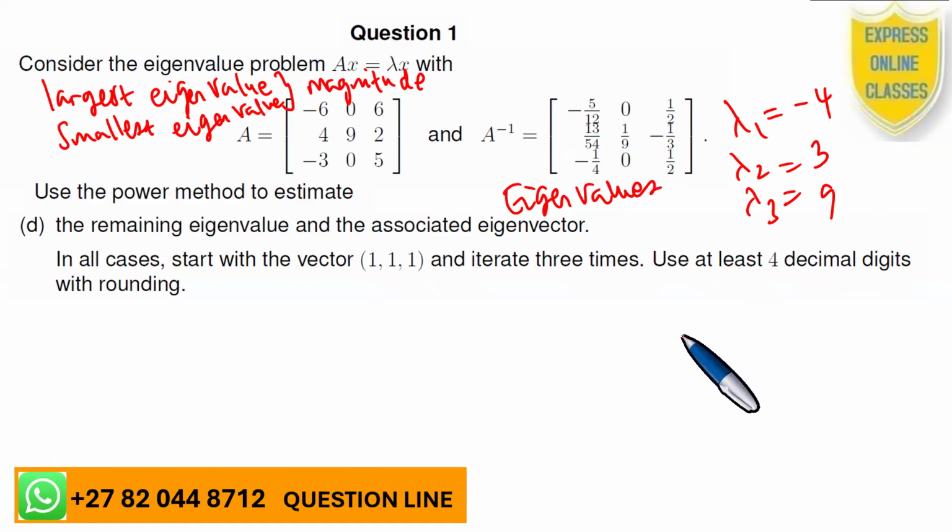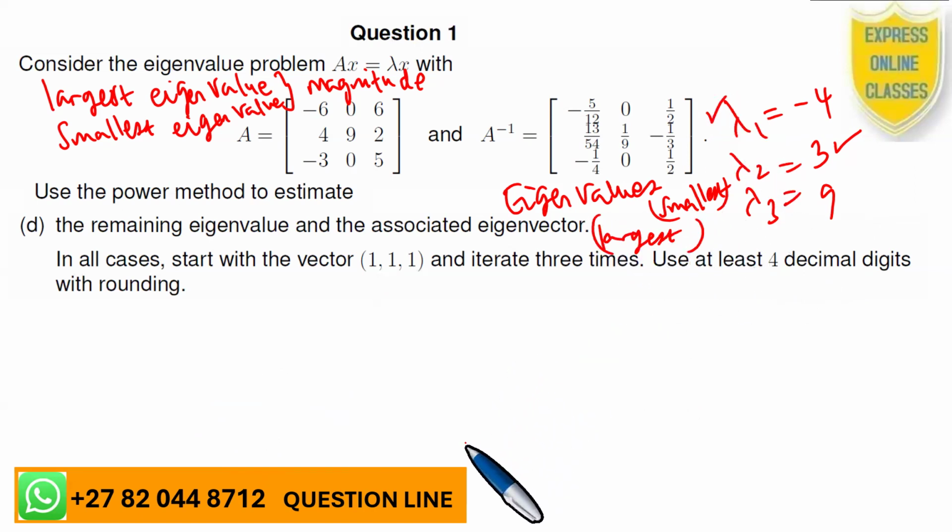Normally, they will not ask you to find the eigenvalues, but they will ask you to use the power method to estimate, because that is what this module is about. So now let us deal with the remaining case. We dealt with the smallest one in terms of the magnitude, and we dealt with the largest, which is 9 in terms of the magnitude. And then now we have the intermediate one. Good, so let us deal with the intermediate one.